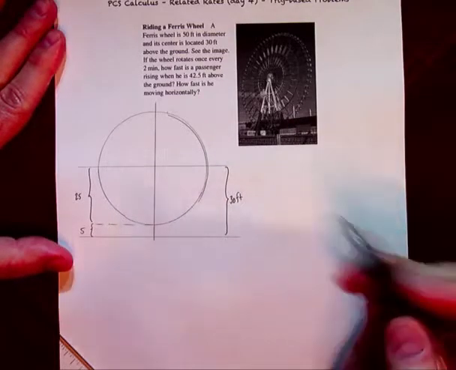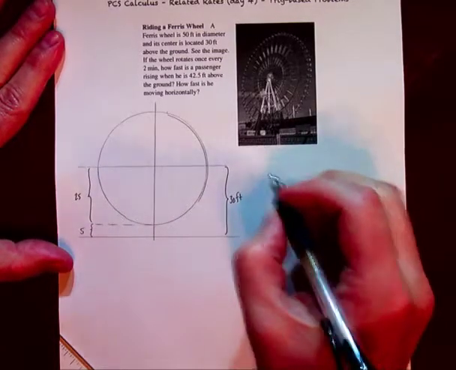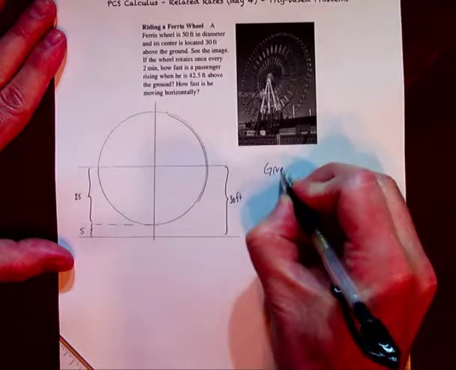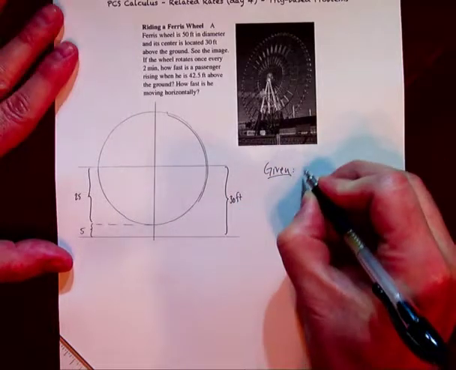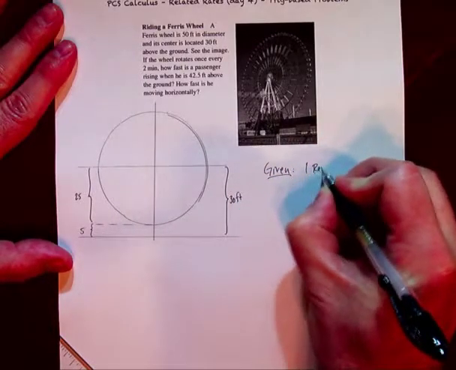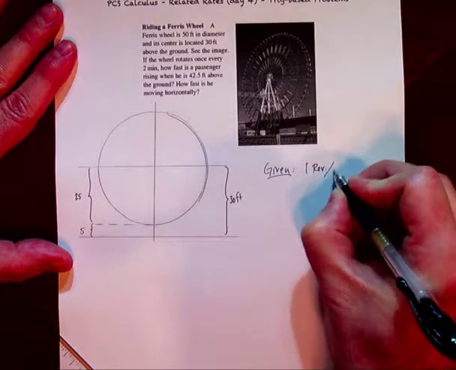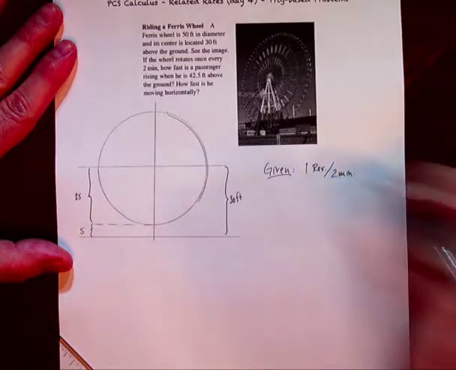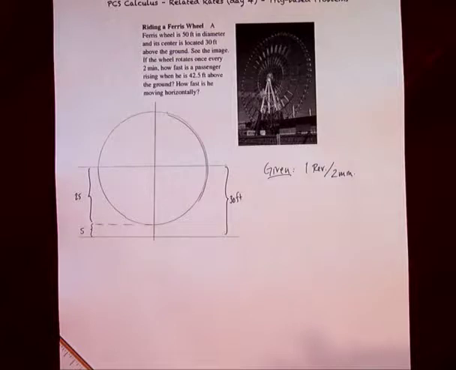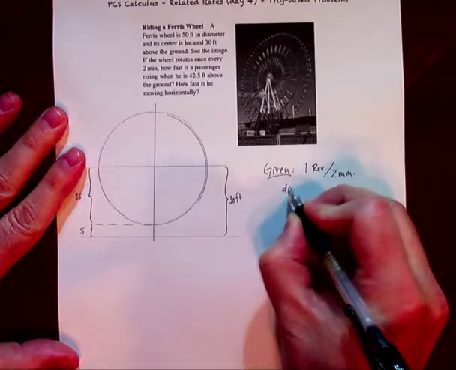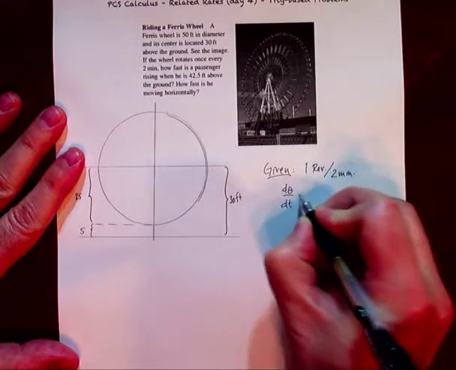Now, it says the given is 1 revolution for every 2 minutes. Now, that is not exactly in terms of d theta dt, but we can get d theta dt from it because we can basically convert revolutions to radians.